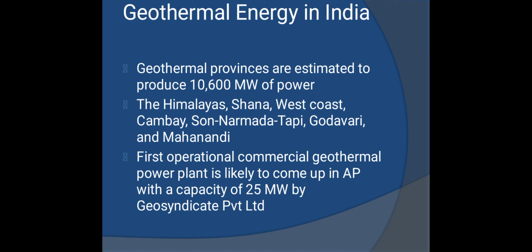Geothermal provinces are estimated to produce 10,600 MW of power. They include the Himalayan, Sohana, West Coast, Cambay, Son-Narmada-Tapi, Godavari, and Mahanadi. The first commercial geothermal power plant is likely to come up in Andhra Pradesh with a capacity of 25 MW by Geo Syndicate Pvt Ltd.